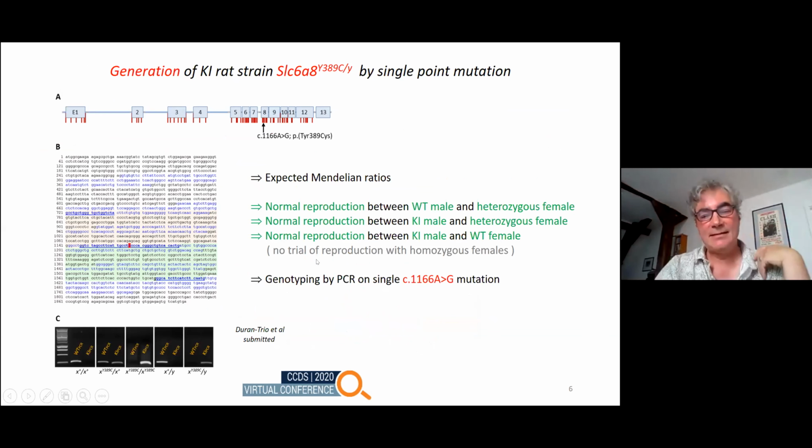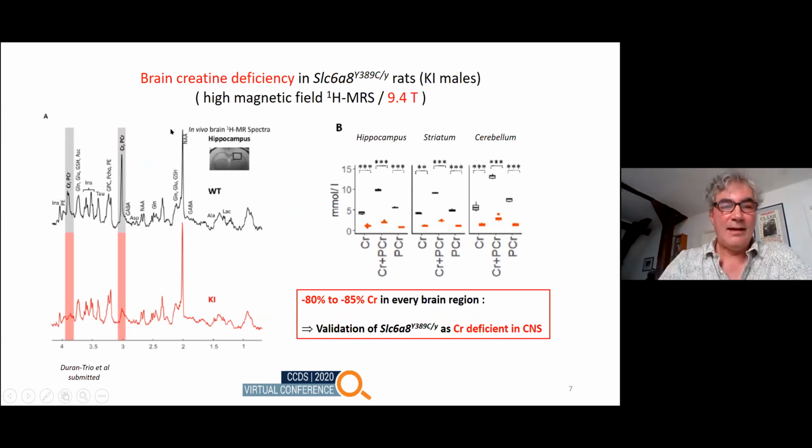Our rat strain reproduces very well. We obtained double mutant females, but we did not try reproduction with them, but with all the other mixes possible, we obtained expected Mendelian ratios. Our rat is creatine deficient in the brain.